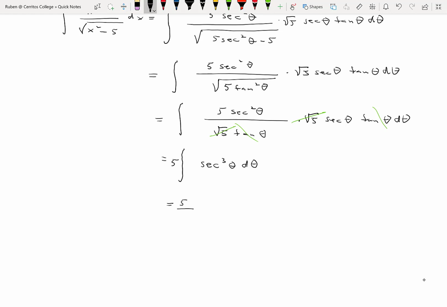So if you don't want to dig out the video lecture, you can definitely look at it as an example done in the textbook. So 5 times 1/2 secant theta tangent theta plus the natural log of the absolute value of secant theta plus tangent theta plus a constant.